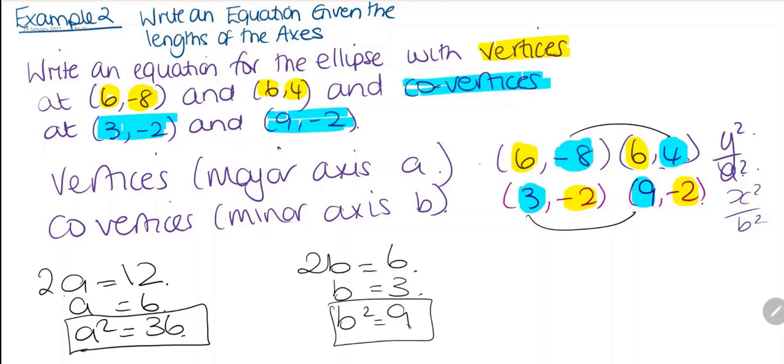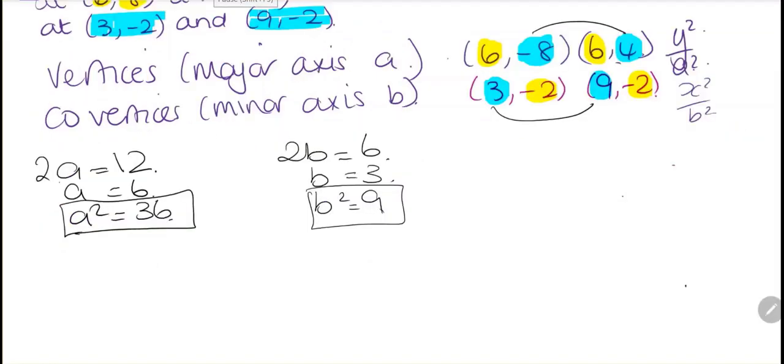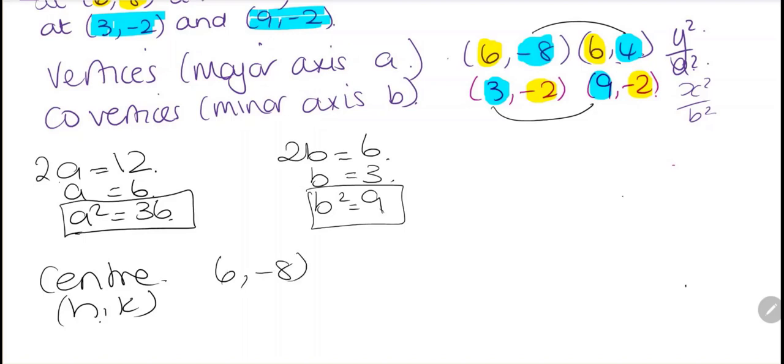The next thing we need to do is check where our center is going to be. So we need the midpoint of our vertices. So we need to find the center, our h and k. We have (6, -8) and (6, 4), and we're going to use the midpoint formula.